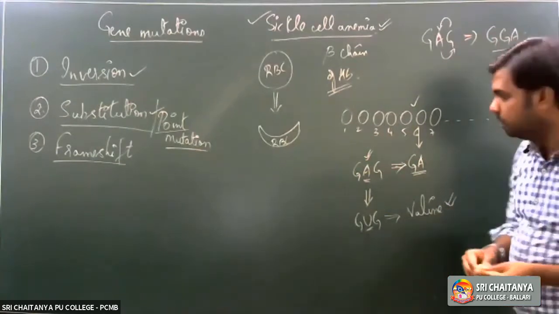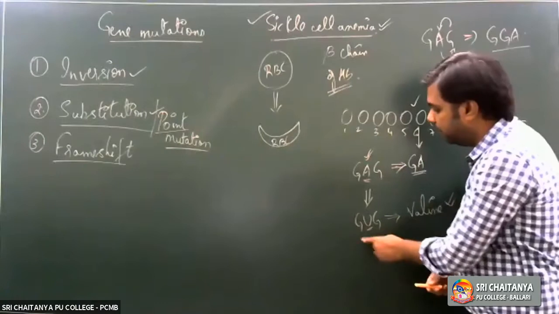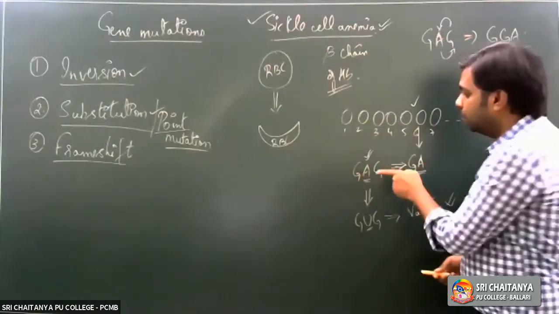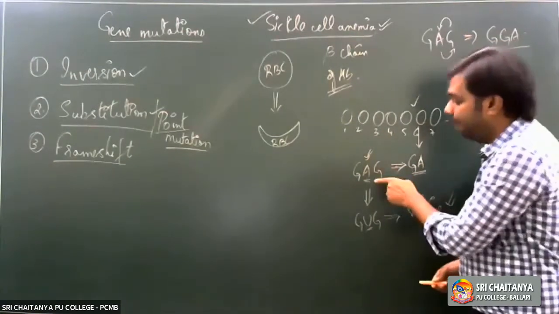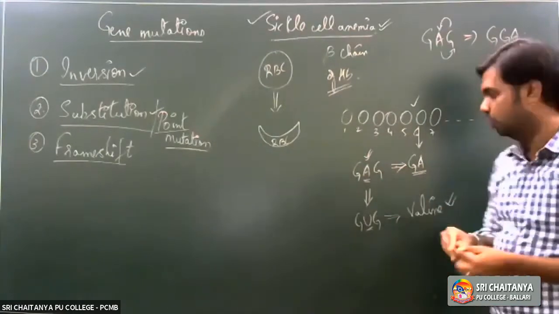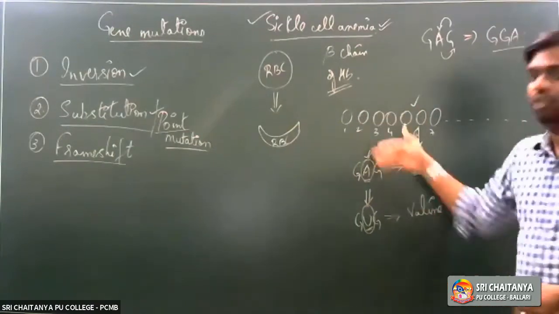The reason for that is GAG is being mutated to GUG. So what exactly is getting mutated? A is being mutated, as a result of which U replaces A. Therefore, we call it point mutation, because there is only one single nitrogen base change happening.